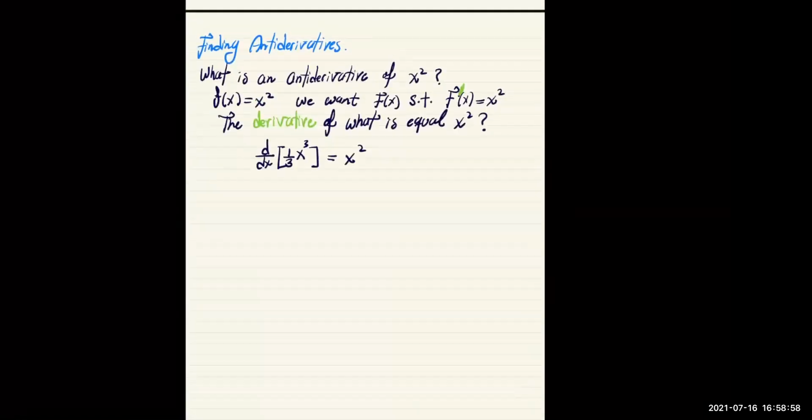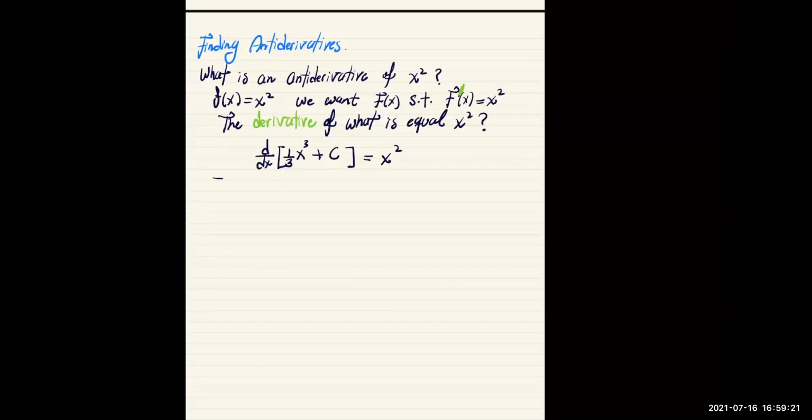So that's how you have to think, but I will give you the power rule. We're going to look at the power rule for antiderivatives. And again, we could have a constant here, because the derivative of that constant gives us 0, so I would add that constant anyway.